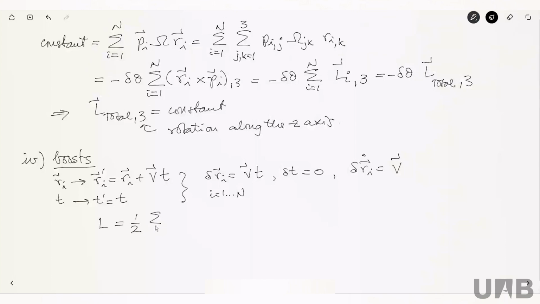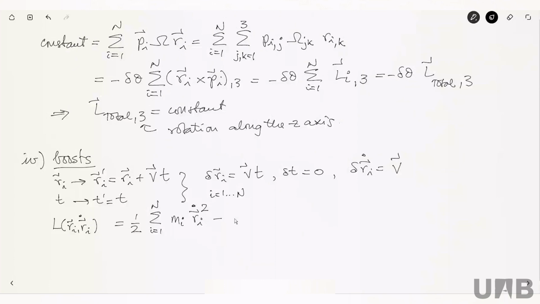That's going to be a sum from i = 1 up to N of each mass times each velocity squared. And so this is going to be the Lagrangian. The Lagrangian is going to be a function of r_i and r_i dot. Let's imagine that it doesn't depend explicitly on time.